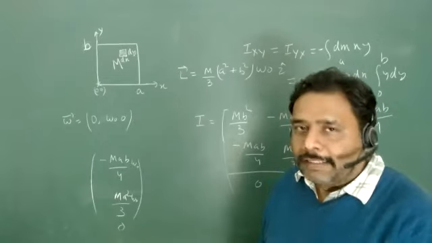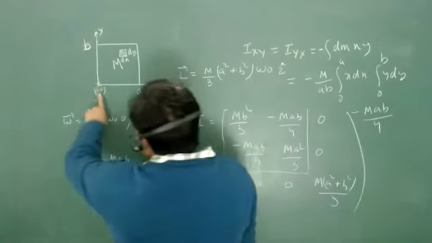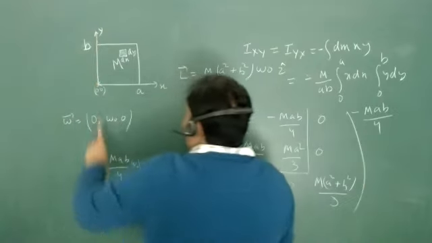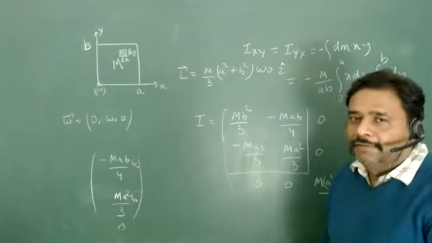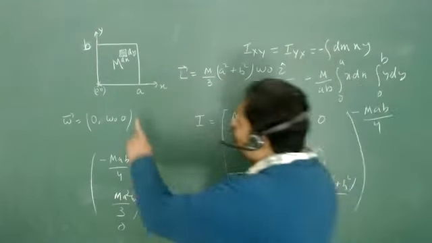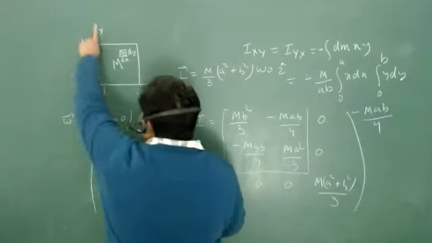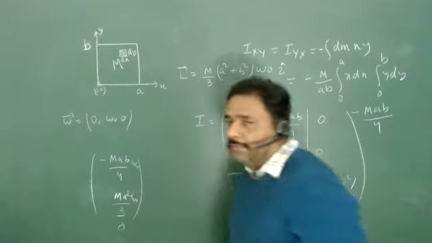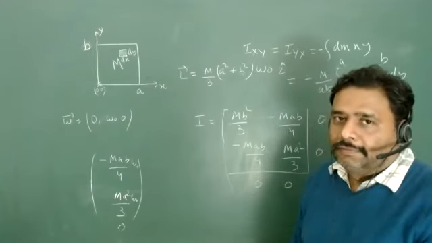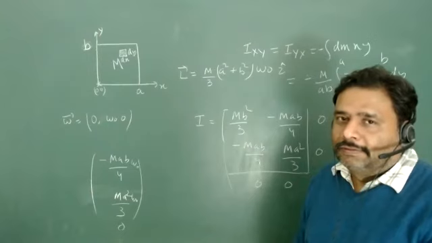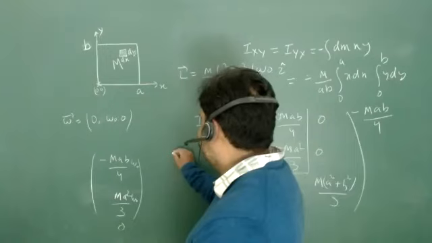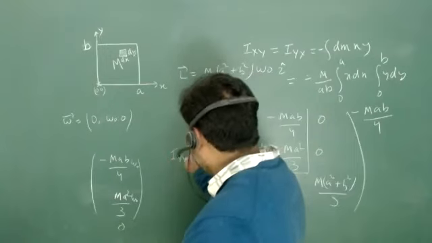If I am asking you what will be the moment of inertia about this axis, then what will be the answer? ma square omega. What will be the moment of inertia about this axis? What will be the answer? IYY. Yes, that will be IYY.